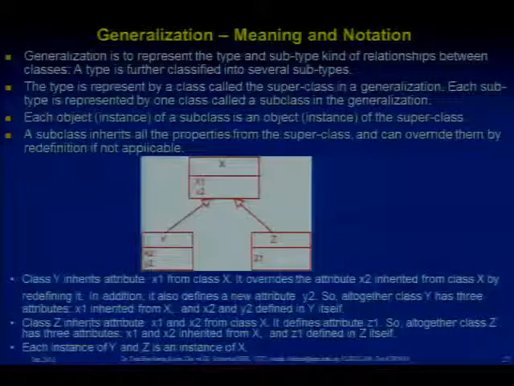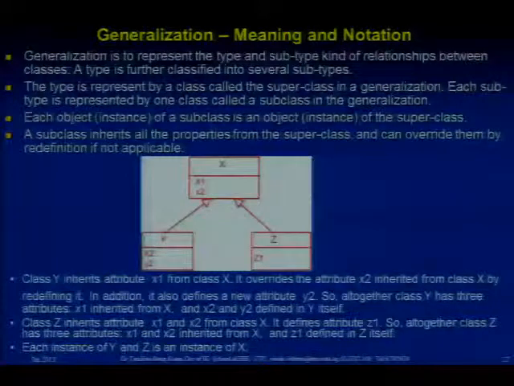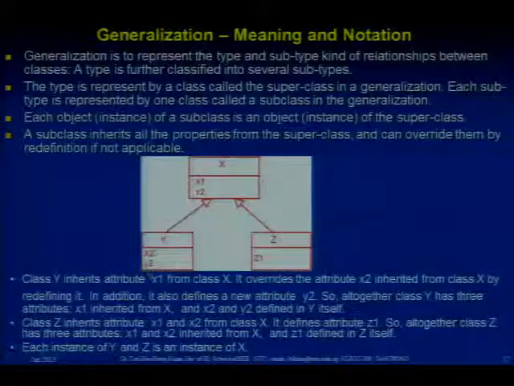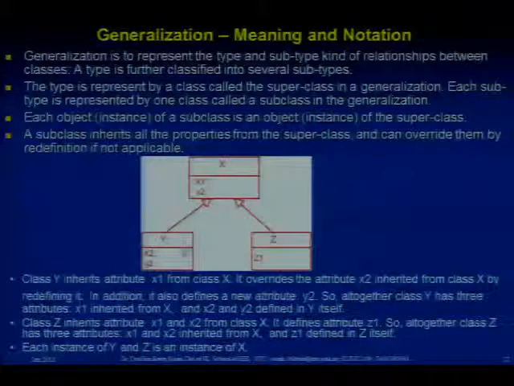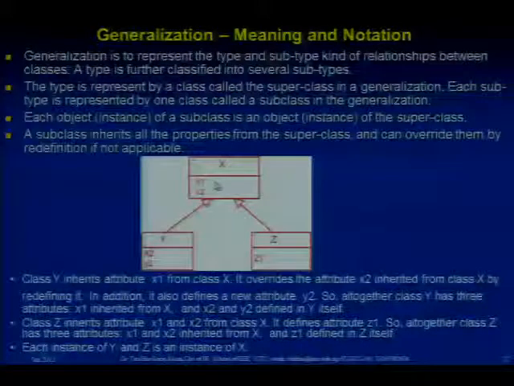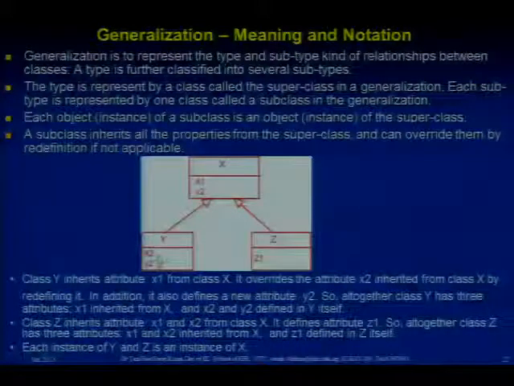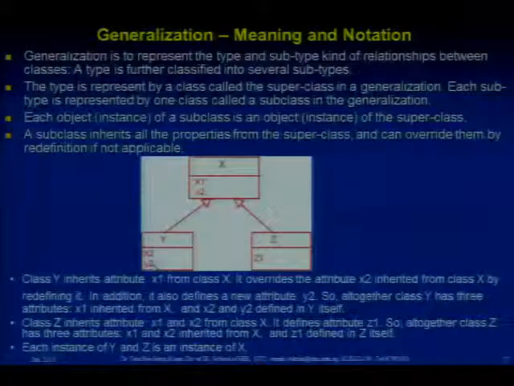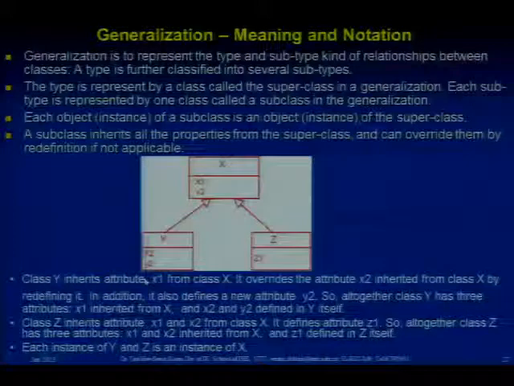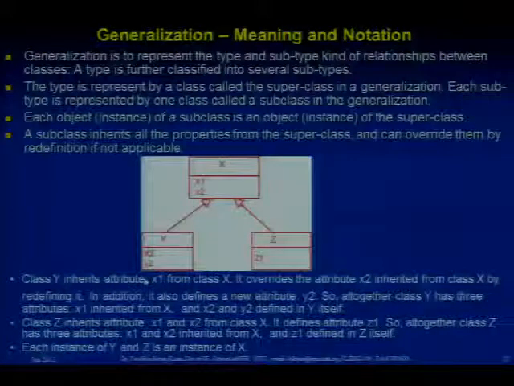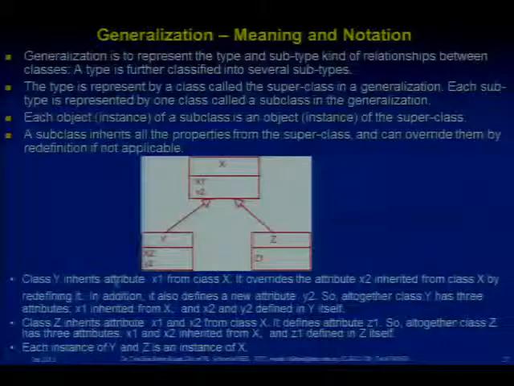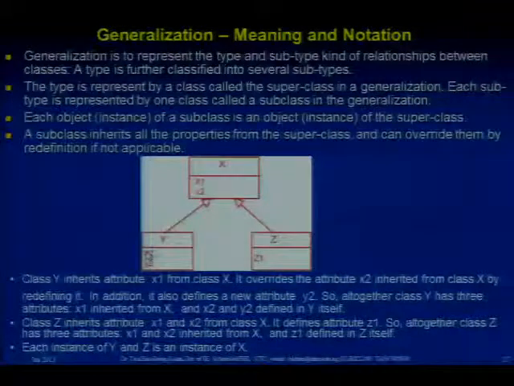Subclass Y has three attributes altogether. X1 is inherited from superclass X, because subclass Y does not do anything to X1 and does not redefine it. So by default, you will inherit down. Subclass Y has attribute X1, and in addition, subclass Y also has attribute X2.